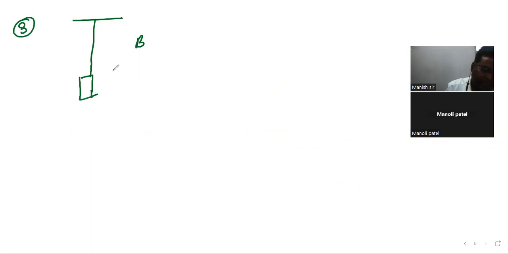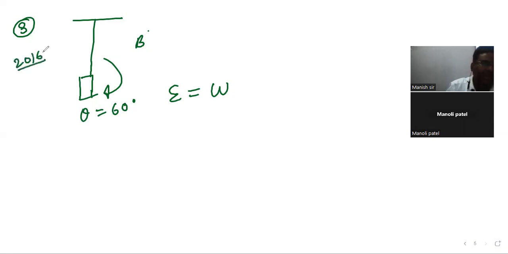The energy required to rotate it by 60 degrees is W. Now the torque required to keep the magnet in this new position, how much torque is required? It was asked in 2016 AIPMT. So let's see the third.